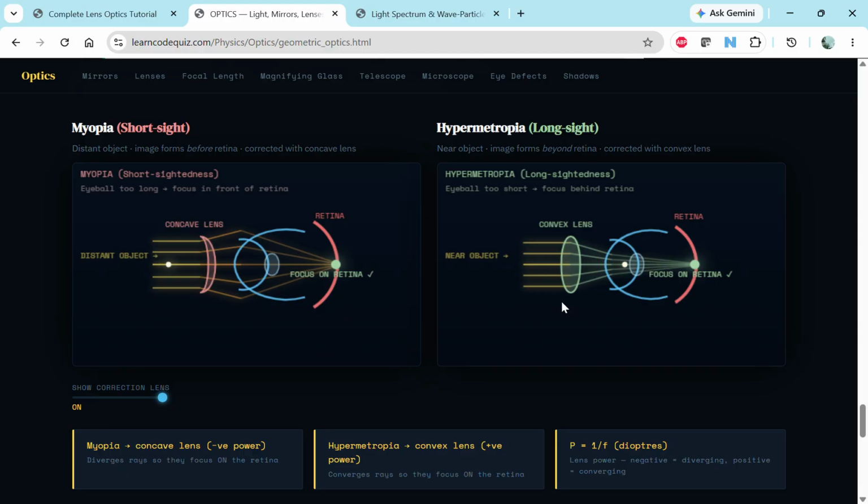The idea is very similar to the magnifying glass.